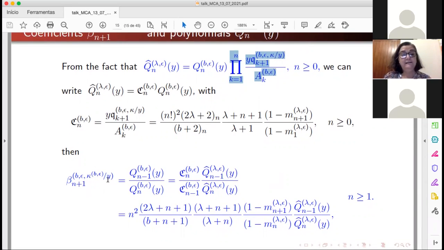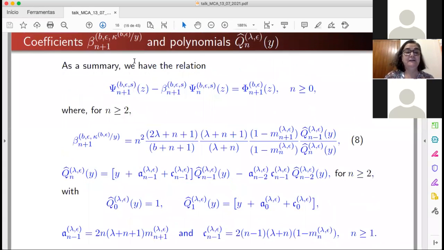So now, instead of writing beta in terms of q, we are going to write betas in terms of q hat, because we have the recurrence relation. Just to make the substitution here, qn minus 1 is qn minus 1 hat over capital Cn, and the opposite here, and we get this new information.